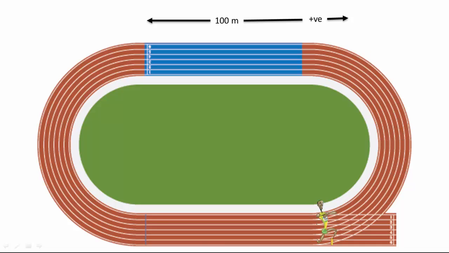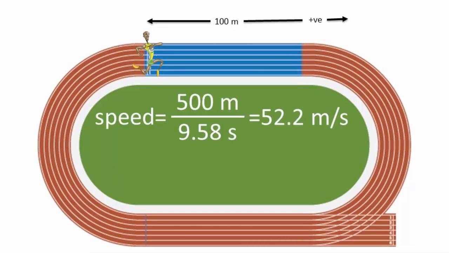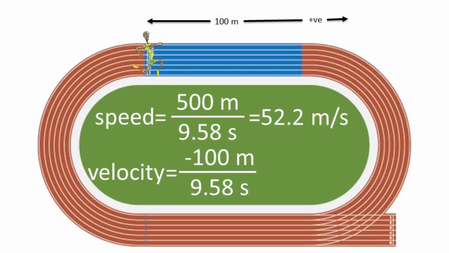So he runs a total distance of 500 meters in a time of 9.58 seconds. Thus, his speed is 52.2 meters per second. But because he stopped 100 meters of his starting point, his final position is to the left of the origin, and thus his displacement is minus 100 meters. Therefore, his velocity is minus 10.4 meters per second.